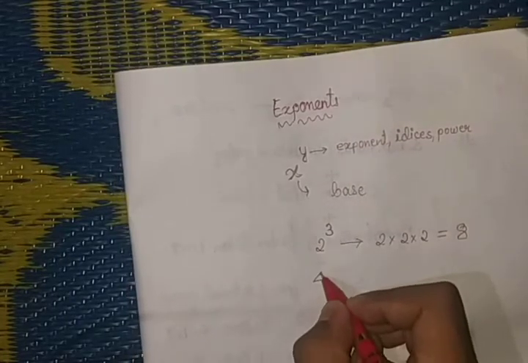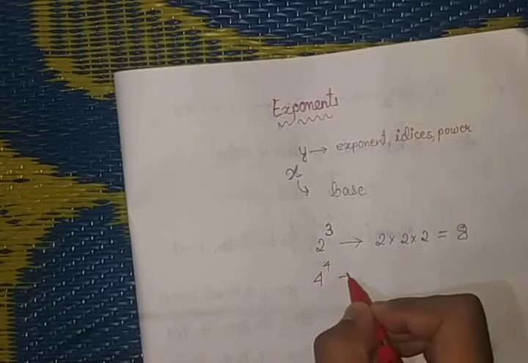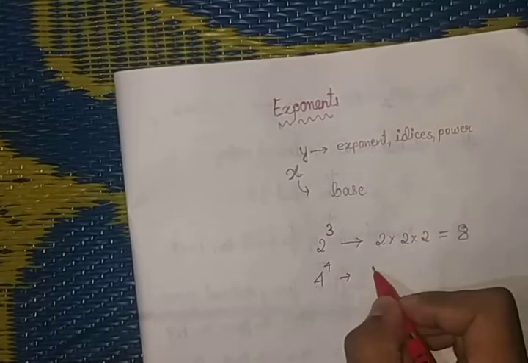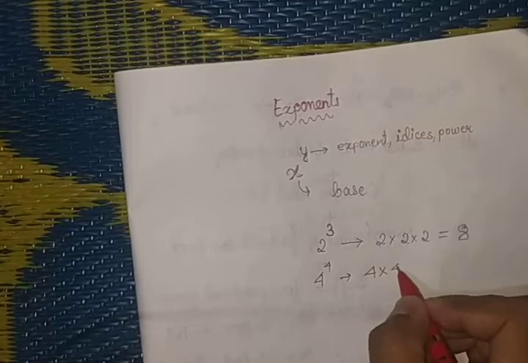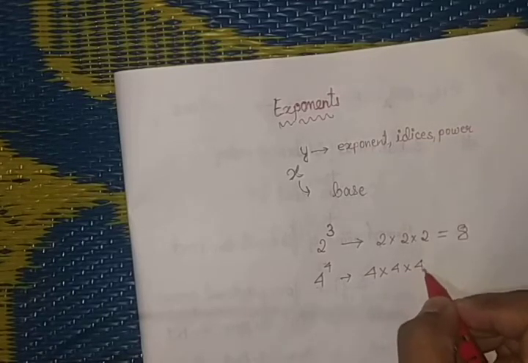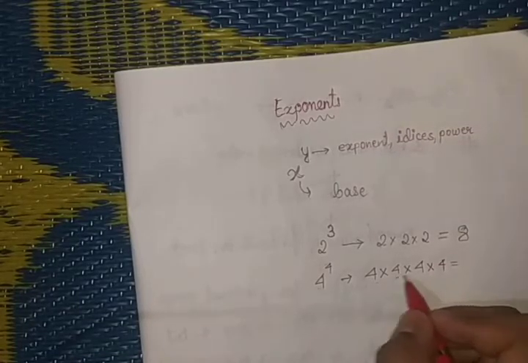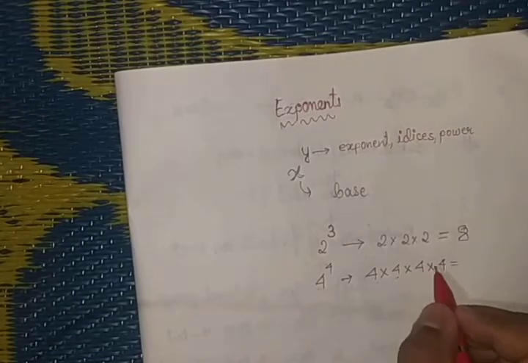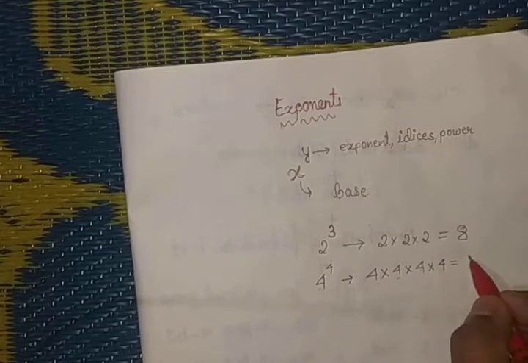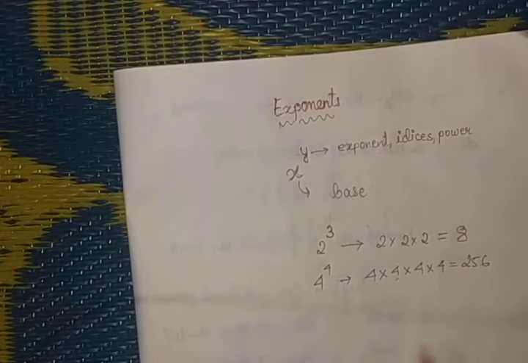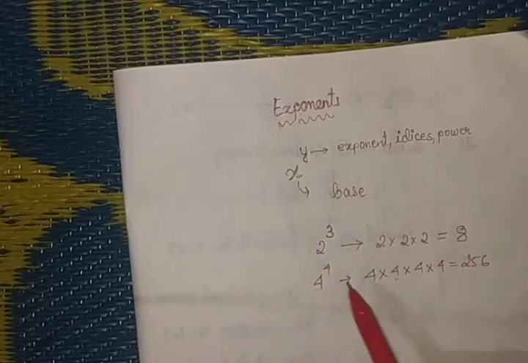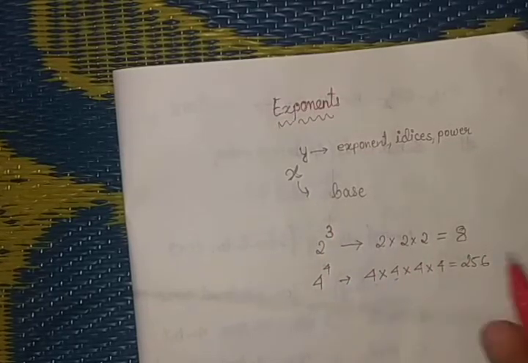Similarly, 4 to the power 4 means we need to multiply this 4 four times: 4 into 4 into 4 into 4. So 4 4s are 16, 16 4s are 64 and 64 4s are 256. So this is what bases and indices or powers are.